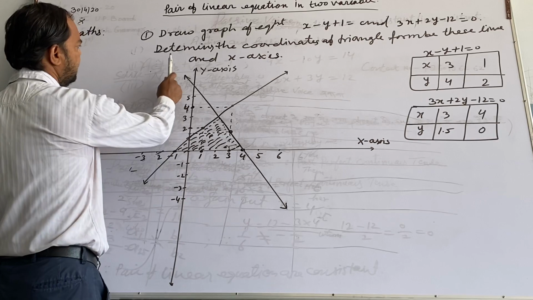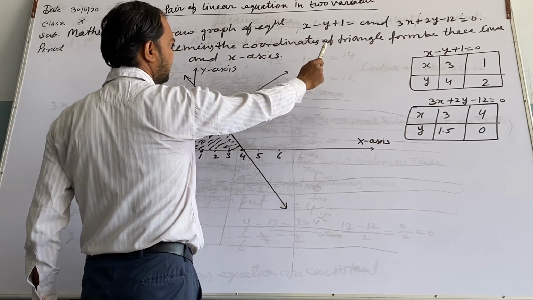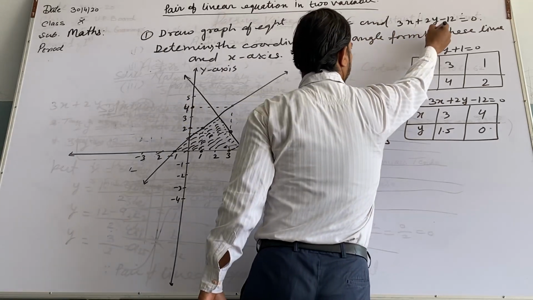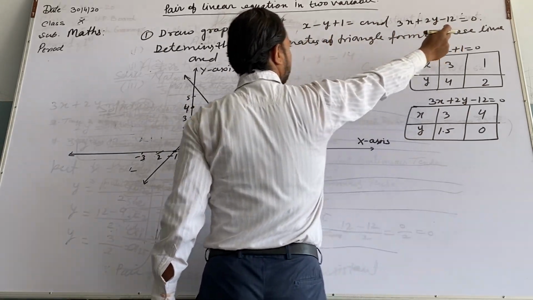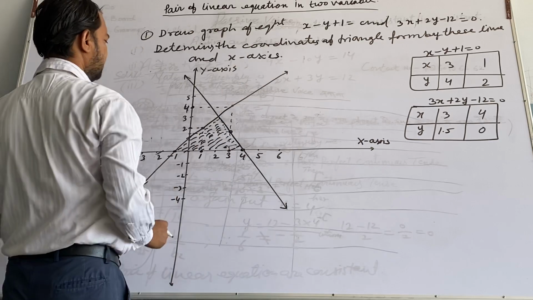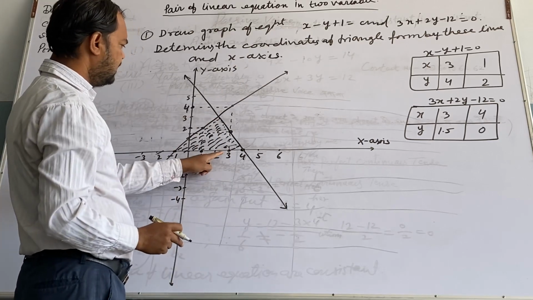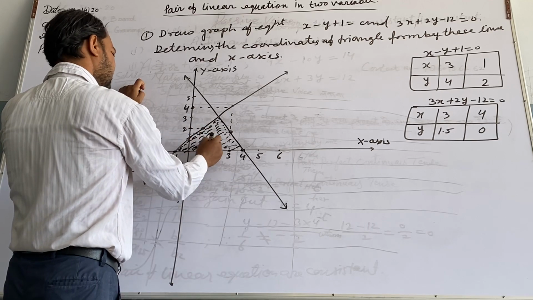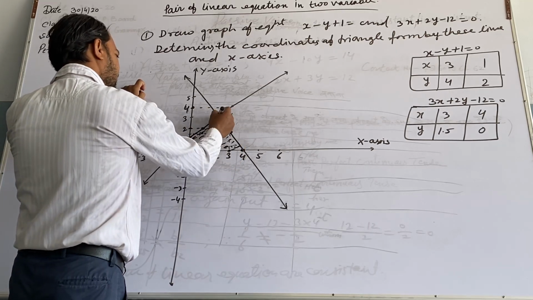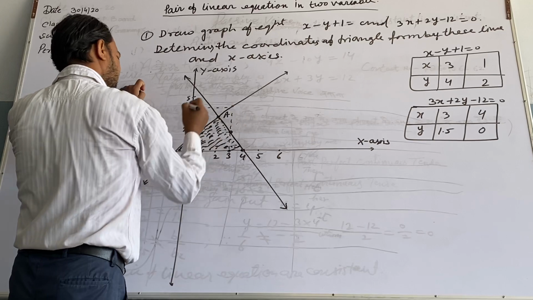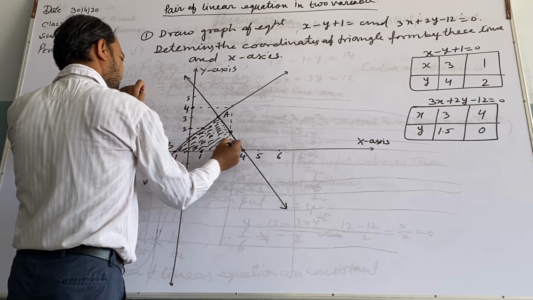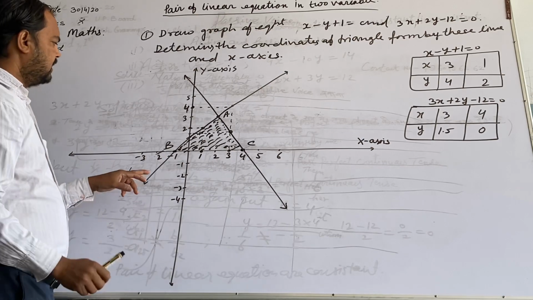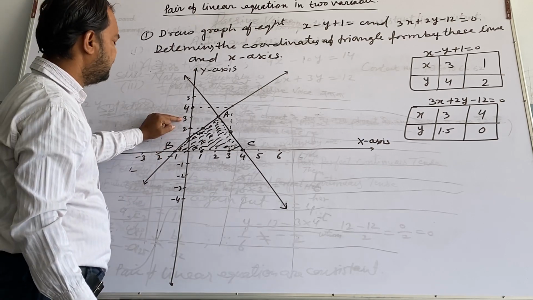As this question said, determine the coordinates of the triangle formed by these lines and the x-axis. These are the two lines and this is the x-axis. This triangle is noted over here. Now we have to find out the coordinates of the vertices of the triangle A, B, C.